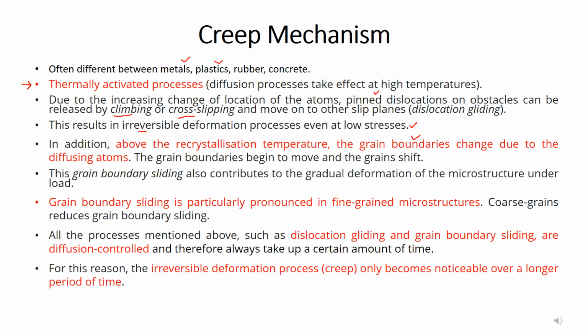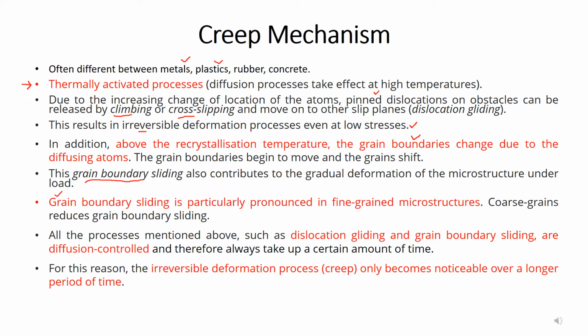As new grains have to form, atoms start to move, and during the movement of those atoms, grain boundaries also change, and there is a shifting of the grain boundaries. So grain boundary sliding occurs, which leads to the deformation of the microstructure, which in turn leads to a macroscopic change in the dimensions.